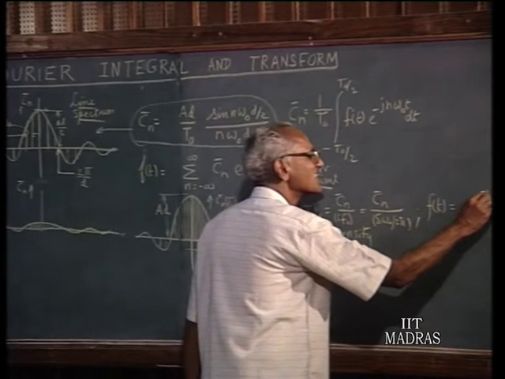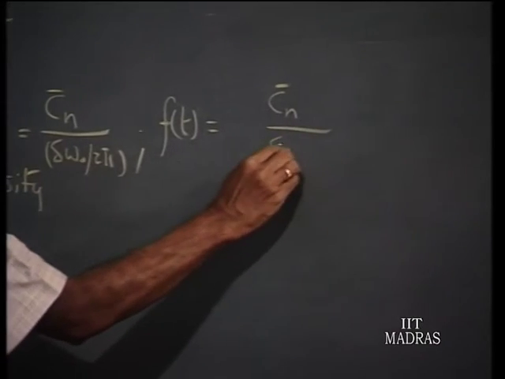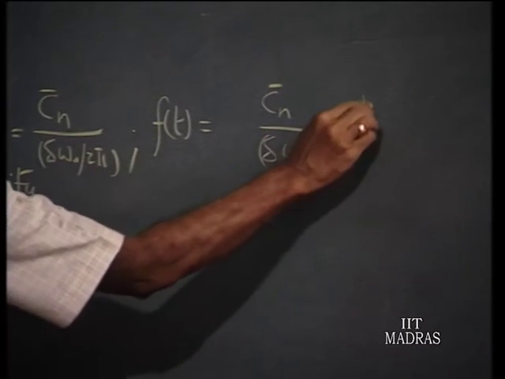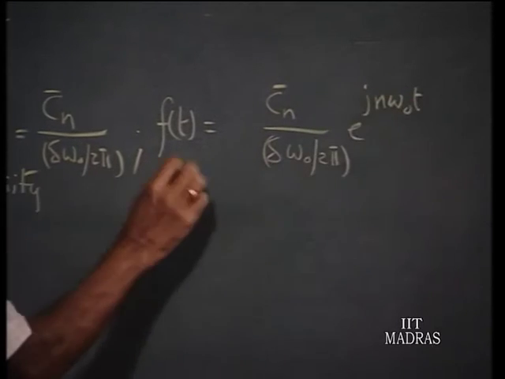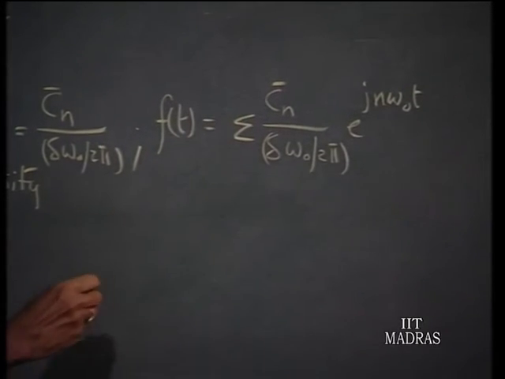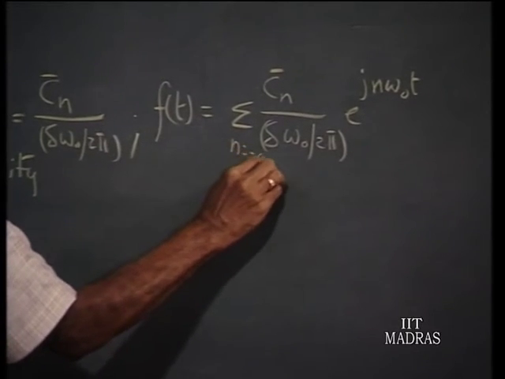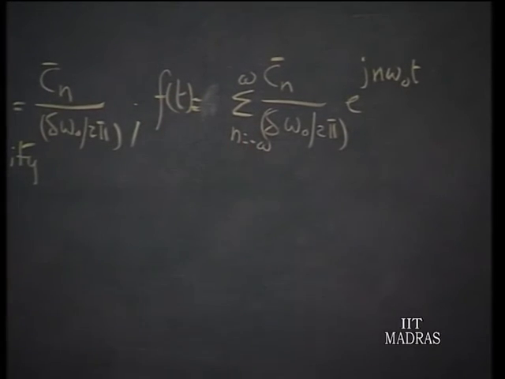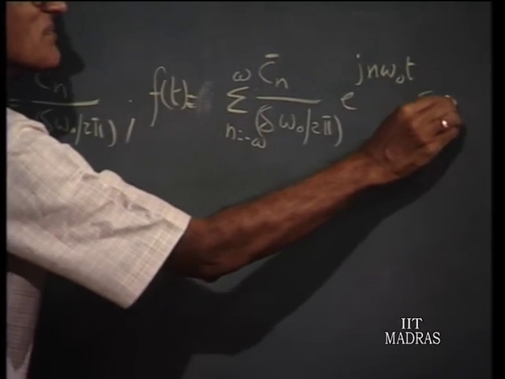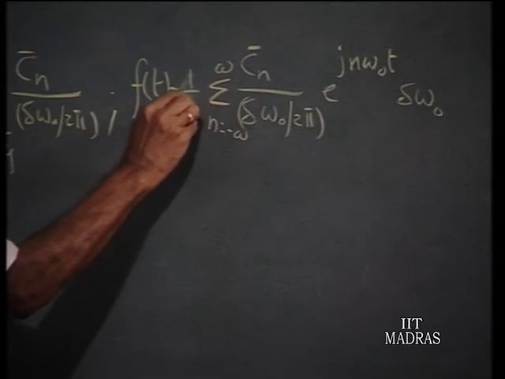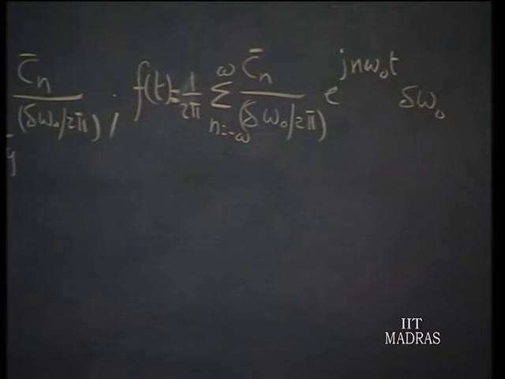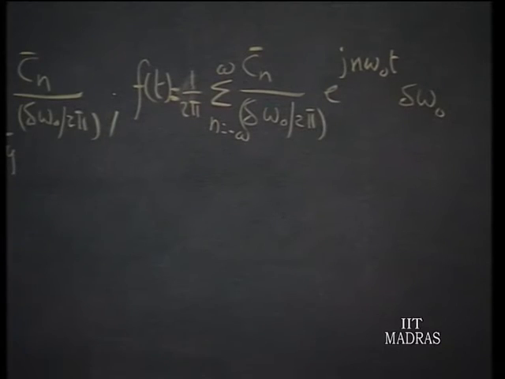So, I will write this as C n upon delta omega naught over 2 pi, e to the power of j n omega naught t, sum from n equals minus infinity to plus infinity, and since I have divided by delta omega naught by 2 pi, I have to multiply by delta omega naught, and then I have to write here 1 over 2 pi. So, that would be the form of the Fourier series now in terms of coefficient density rather than the coefficients.